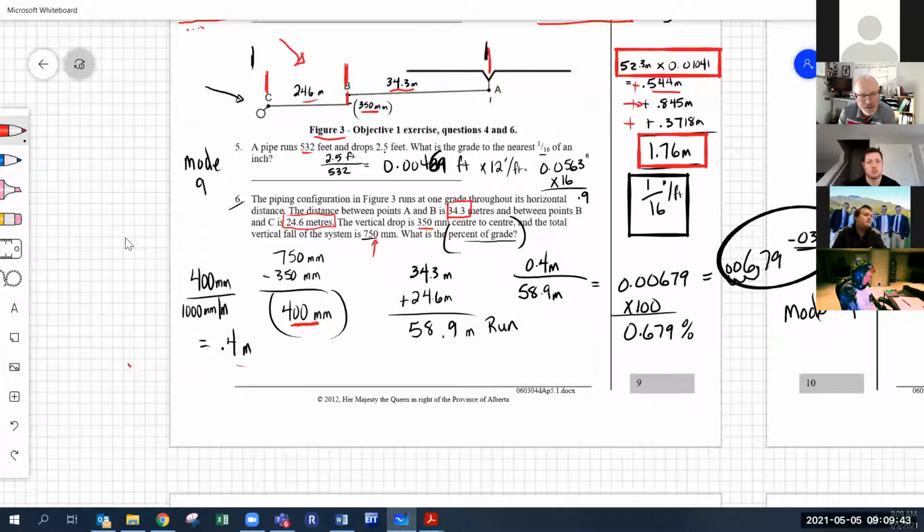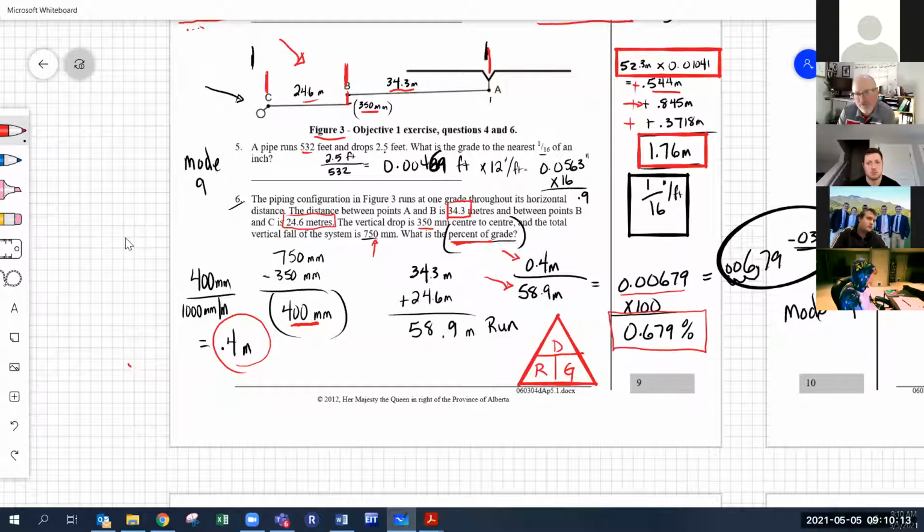I converted that 400 mils to 0.4 meters. The formula triangle for grade is the drop divided by the run is equal to the grade. So I took my total drop, 0.4 meters, divided it by my run, and I got my grade. But they wanted it expressed as a percent, so I multiplied that by 100 to give me my percentage.